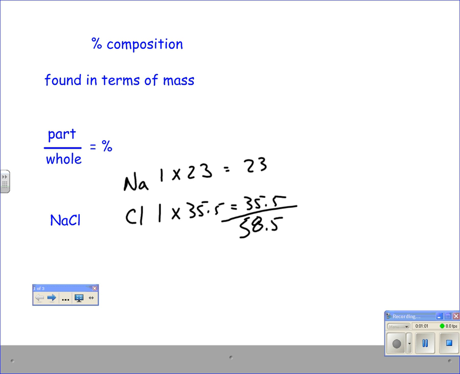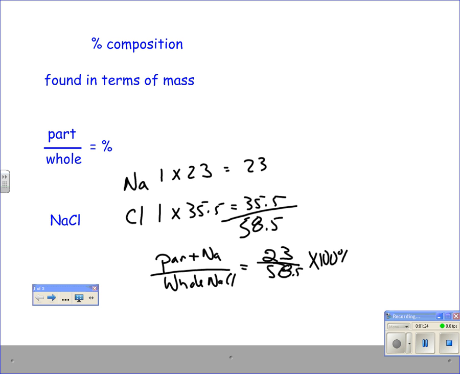Now, if I want to find the percent sodium, I would take the part that is sodium divided by the whole thing. In other words, in this case, it's 23 divided by 58.5. Now that's going to give me a decimal equivalent. I then am going to multiply that times 100% to make it into a percentage.